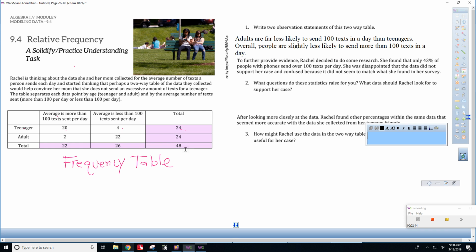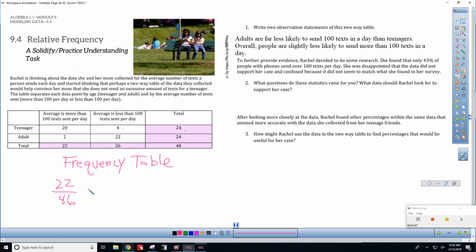What is 22 out of 48? 46. All right, so in Rachel's survey, she had 22 out of 46, which was, what did I just say it was? 46%.